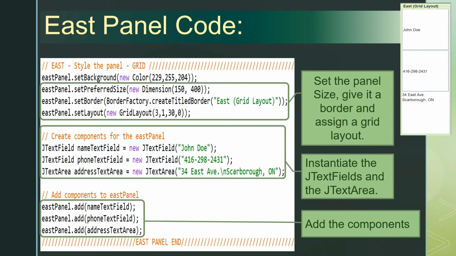Creating them, I put a \n here in the text area because text areas, unlike text fields, allow for more than 1 line of text. If I did that above, I wouldn't get 2 separate lines. So that's the big difference, and also the way it's presented on the screen.